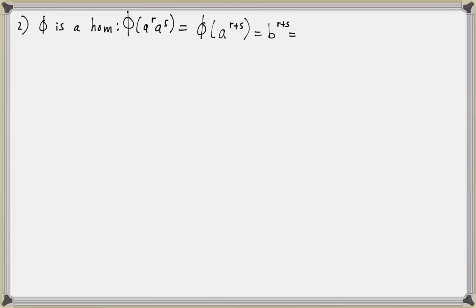Then again, I can write this as b to the r times b to the s, and that equals phi of a to the r times phi of a to the s. Thus phi is a homomorphism.